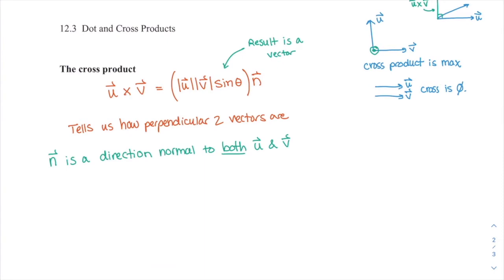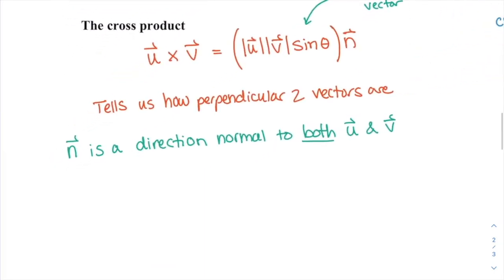We saw that the dot product was commutative, so you could switch the order.